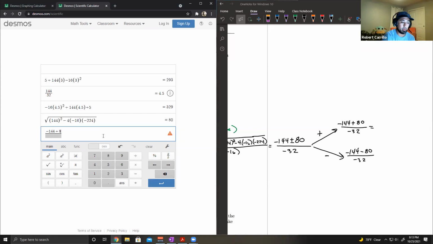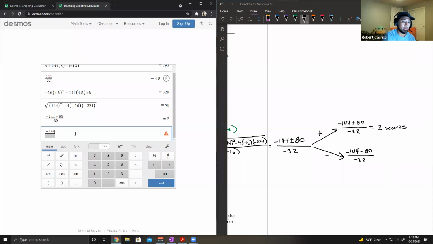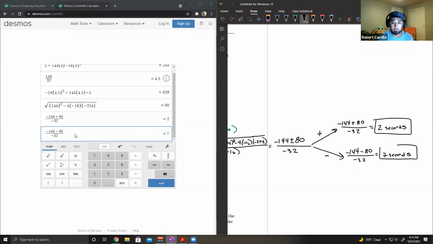Negative 144 plus 80 over negative 32 gives me 2 seconds. And then next, negative 144 minus 80 over negative 32 gives me 7 seconds. There we go. Quadratic formula strikes again, guys.